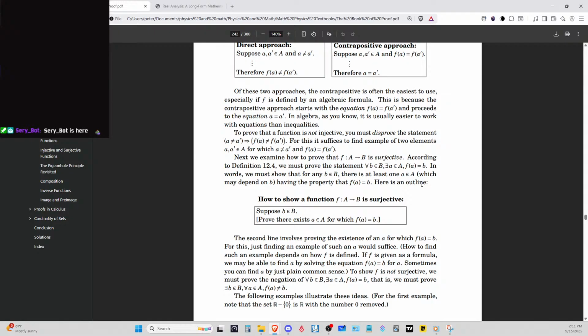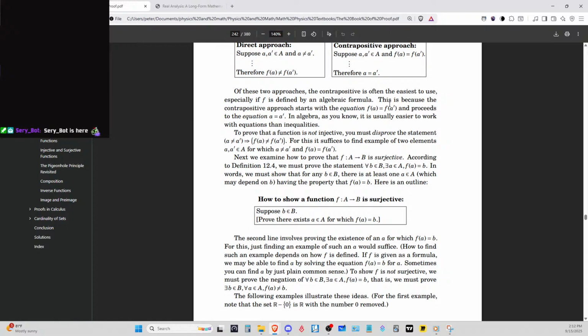To prove that the function is not injective, you must disprove the statement a is not equal to a prime, implying that f of a is not equal to f of a prime. For this, it suffices to find an example of two elements, a and a prime, which are in A, for which a is not equal to a prime, and f of a is equal to f of a prime.